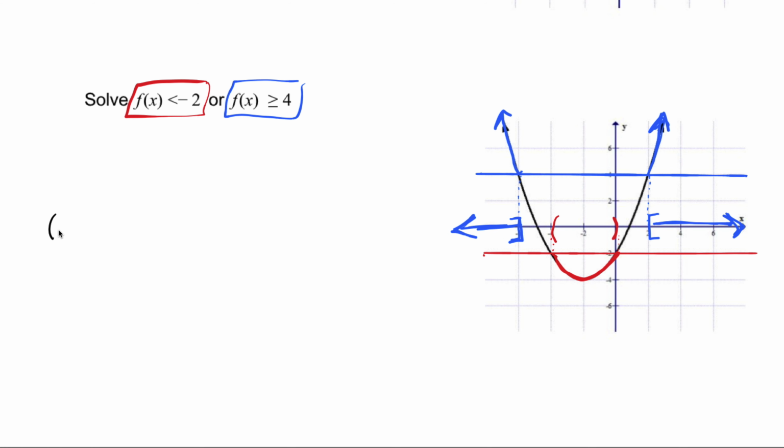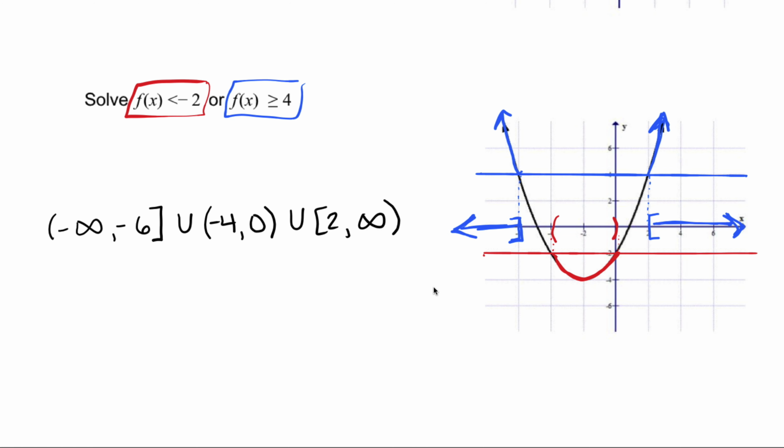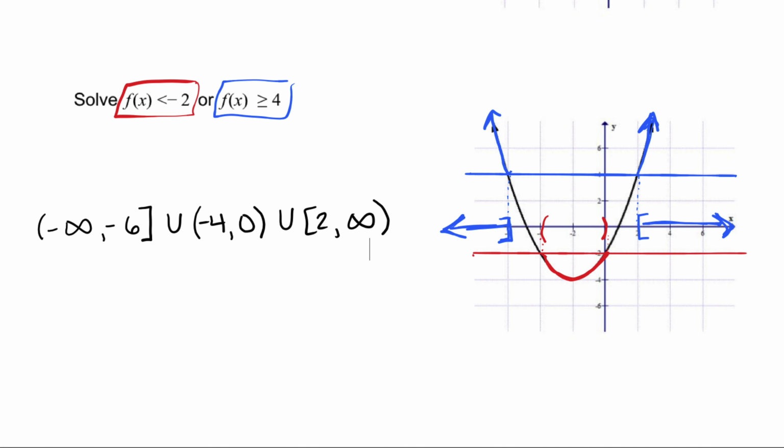So starting from left, I have -infinity up to -6 bracket, union together with -4 to 0. And I have another union because there's another region involved in the solution, +2 to infinity. So that's the solution.